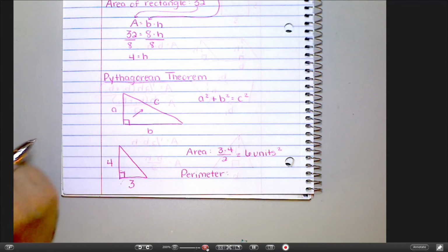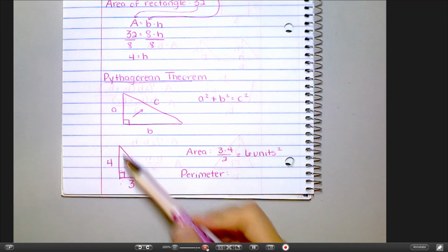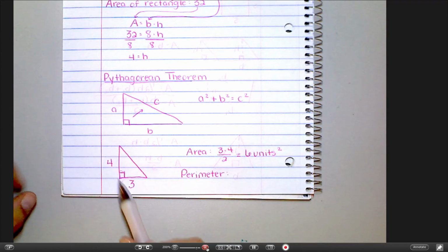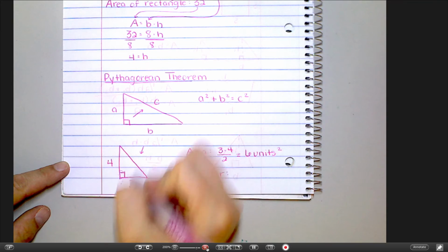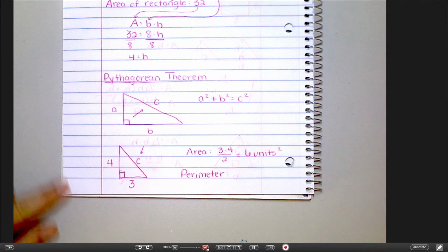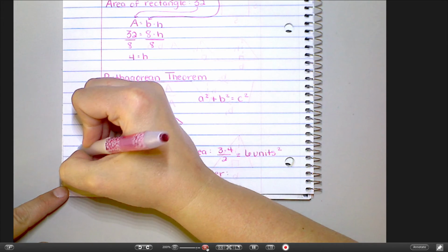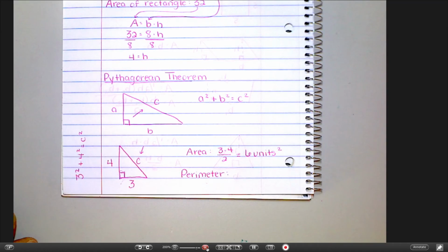For perimeter, what would I do? Darian? 3 squared plus 4 squared equals c squared. Okay, now is doing that going to give me the perimeter? Why does Darian want to do 3 squared plus 4 squared equals c squared? Rebecca? So you can find what C is. Okay, so we need this side, and then for perimeter we would add these 3 sides together. So before I can do perimeter, I need to find this missing side, which I'm going to call C. I'm running out of space here, but I'm going to do this off to the side. 3 squared plus 4 squared equals c squared.